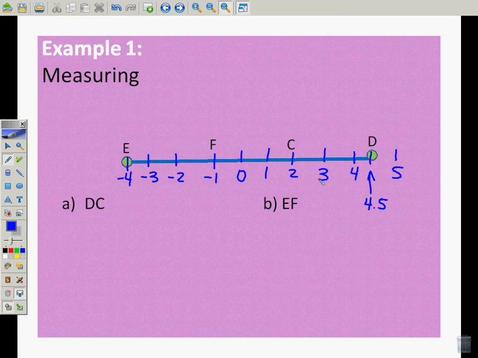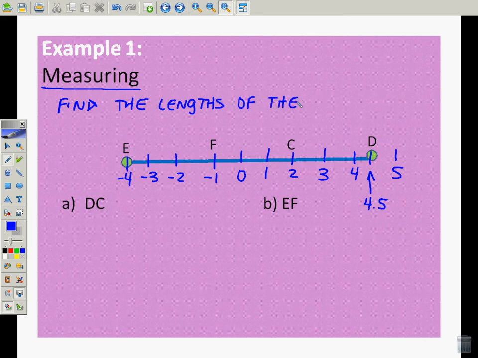Okay, look at what we've got here. I'm measuring. So I'm going to find the length of the segments. Okay, so for those of you playing the at-home game, which you should be, we're going to take what we already know.